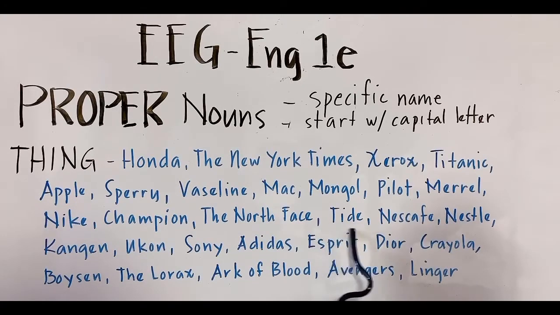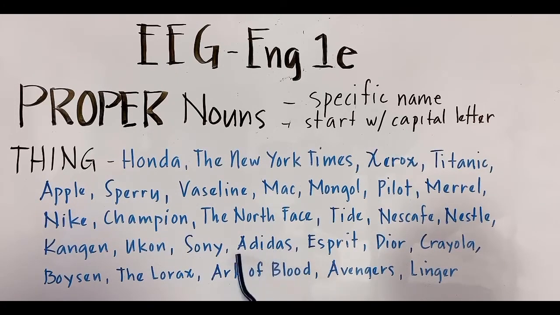Tide, it's the name of a detergent. Nescafe and Nestle, coffee products. Kangen is the name of water. Or Ukon, it's a tea. Sony, it can be your gadgets or your TV.